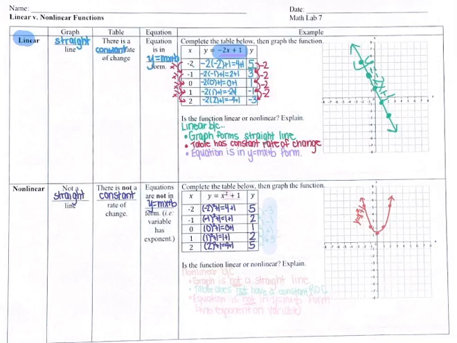Now we're going to figure out if this is linear or nonlinear. So if you look at the equation, you look at the table, you look at the graph, and you connect it back to the rules we had before, you will determine that our function is nonlinear, because if you look at the graph, it's not a straight line.